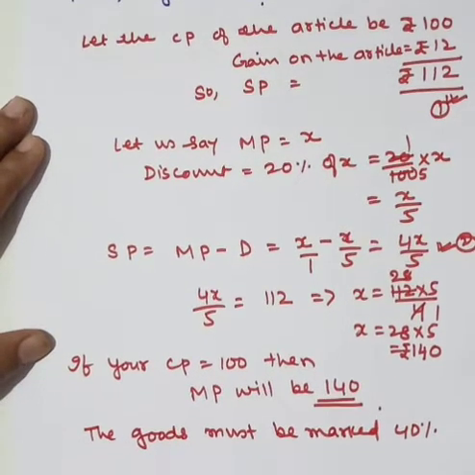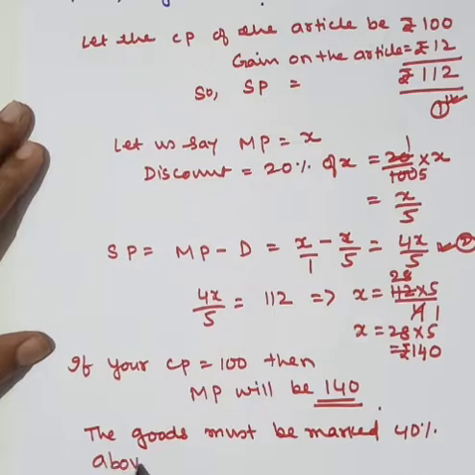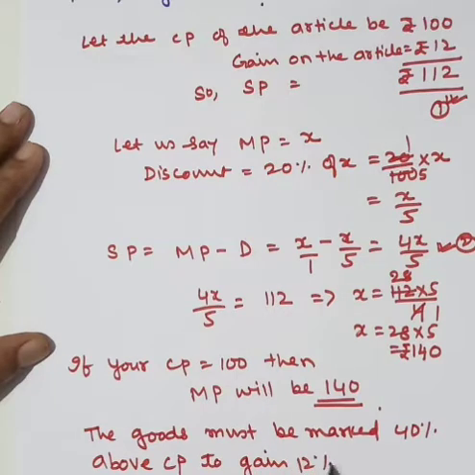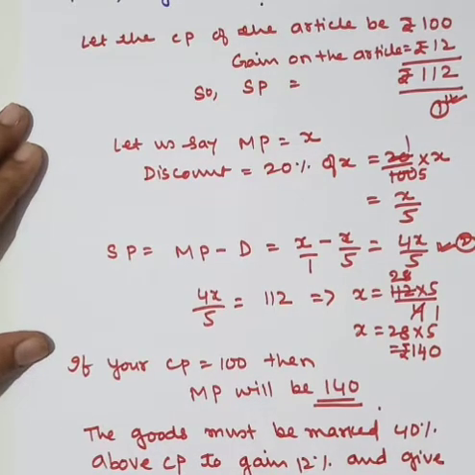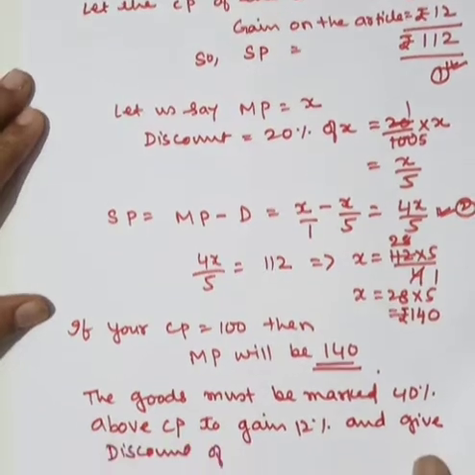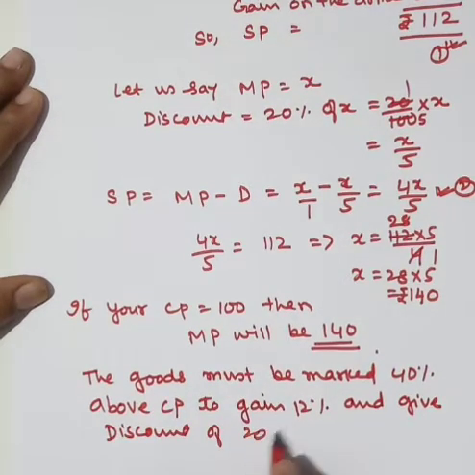Okay, 40% above CP to gain 12% and give a discount of how much? 20%. And give a discount of 20%.